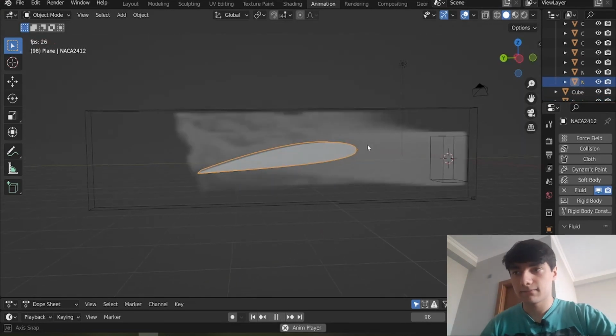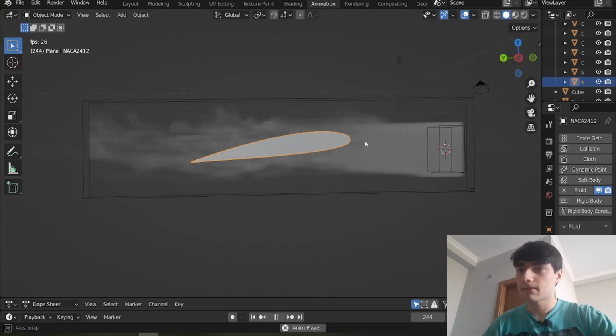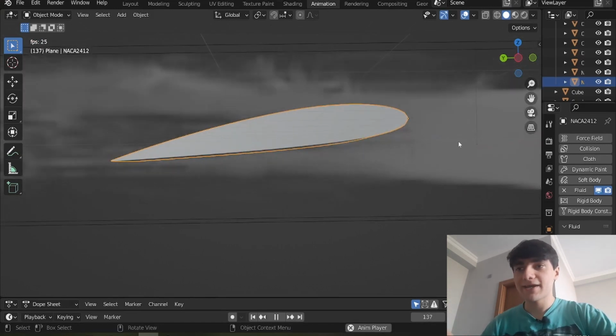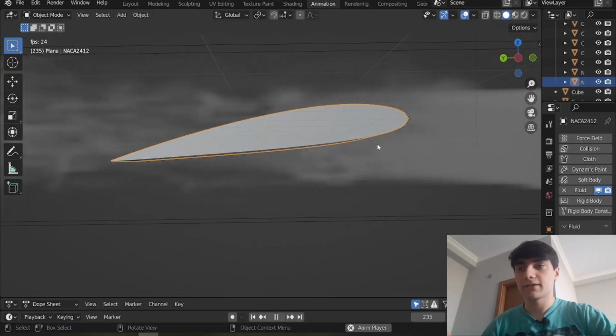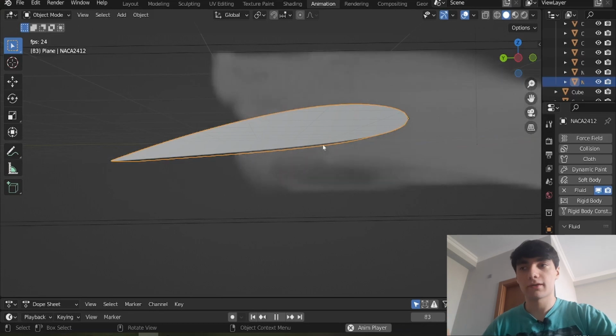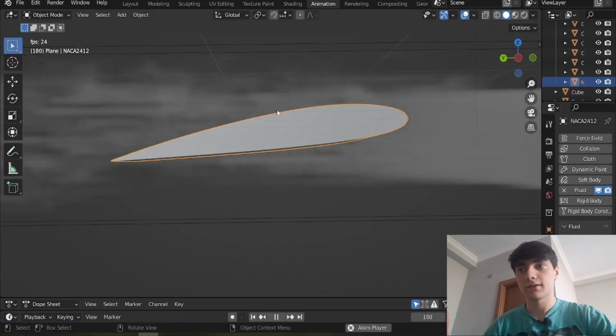As you can see, there's not much difference. What basically happens here is that air comes here, and the amount of air under the wing is more than on the wing.